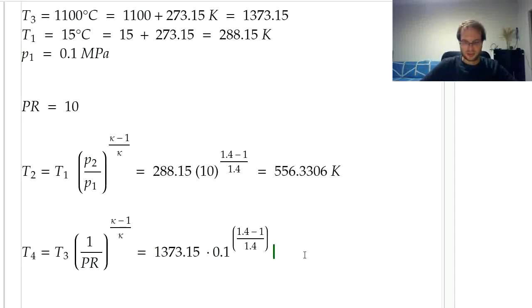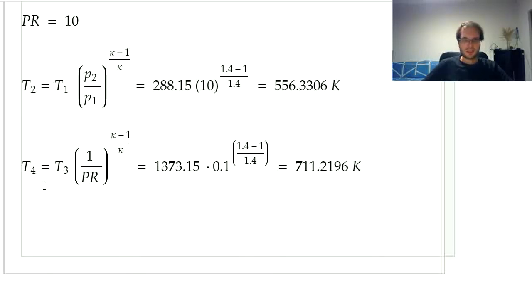Let's do it like this. And if we do the calculation, we will get a value of 711.2196 kelvins after expansion. So by that we have actually specified the temperatures everywhere in the cycle. Temperature 1 was given, temperature 2 after compression calculated here, temperature 3 firing temperature is given, and temperature at the outlet of the turbine is over here.